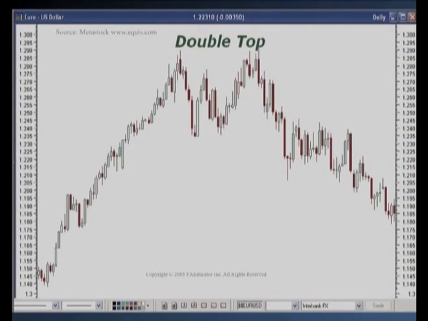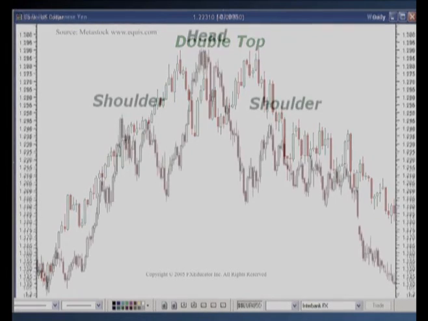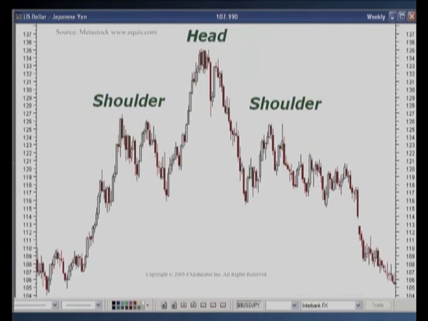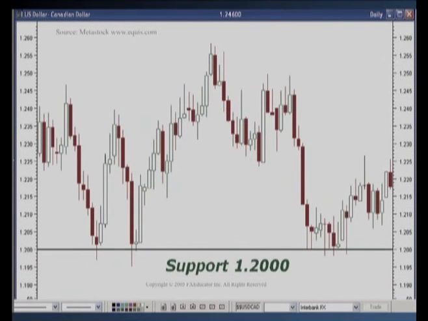So, if I see a double top formation, such as in the Euro-US dollar pair, it's very likely to occur. In fact, you see a lot of double tops and double bottoms. In addition to that, head and shoulders formations also occur in the Forex market. You will see support levels and resistance levels in Forex the same way that they appear in the equity market and the futures market.